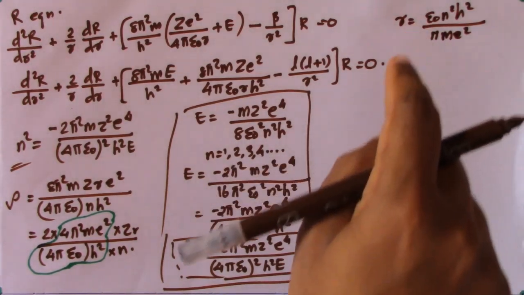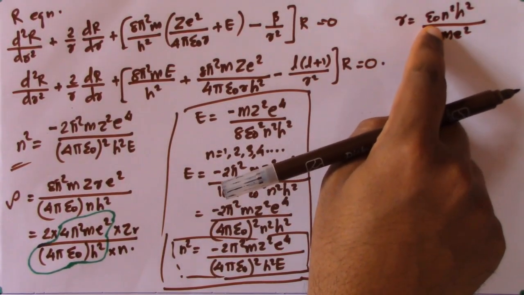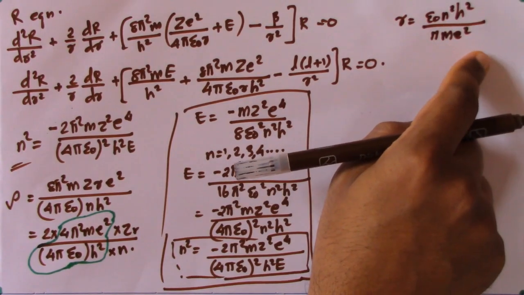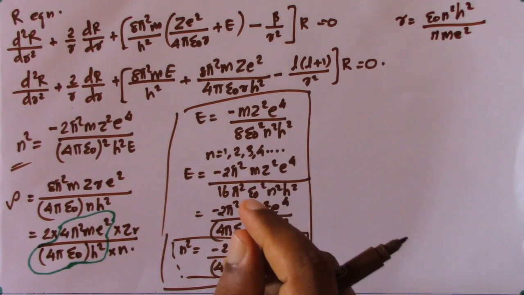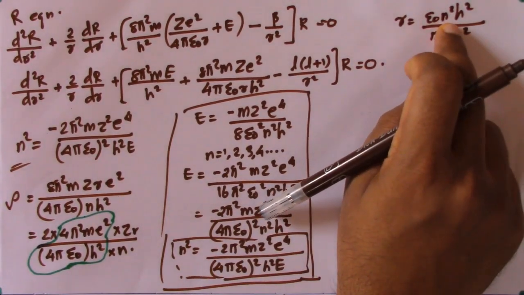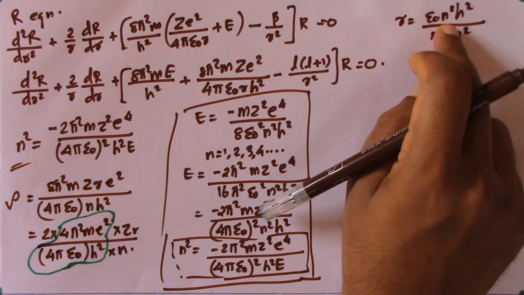There you can see that the radius of the nth orbit r is equal to epsilon 0 n square h square divided by pi m e square. And n represents the principal quantum number, or the number of the orbit.